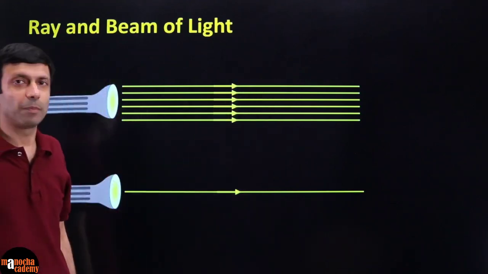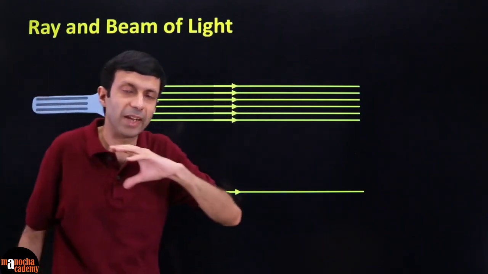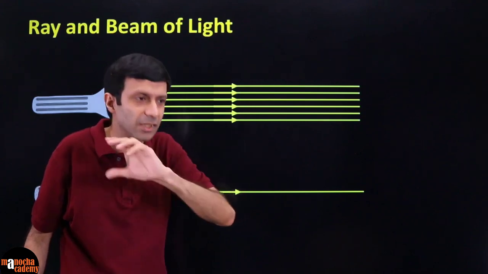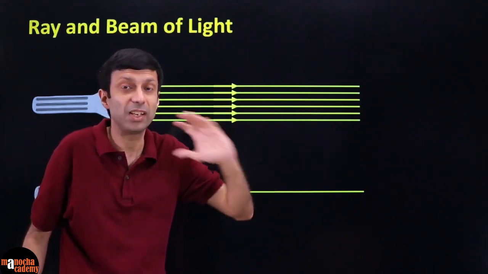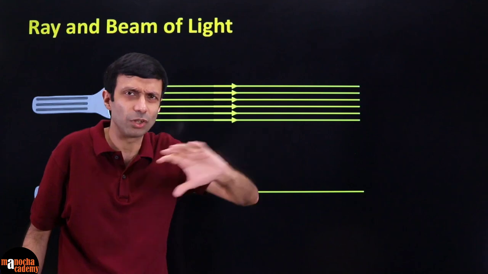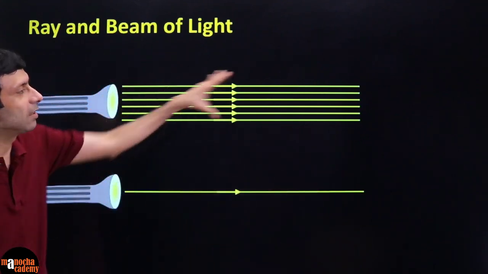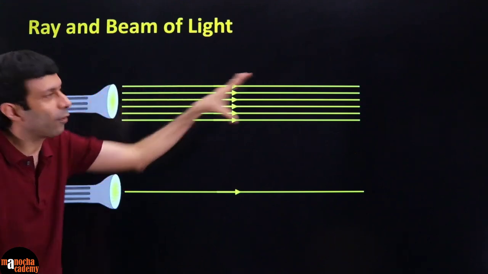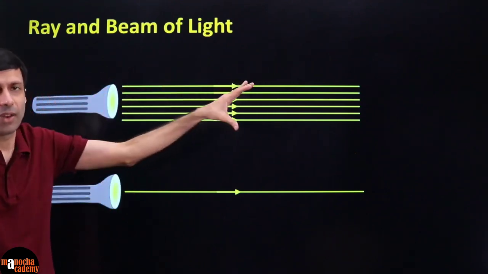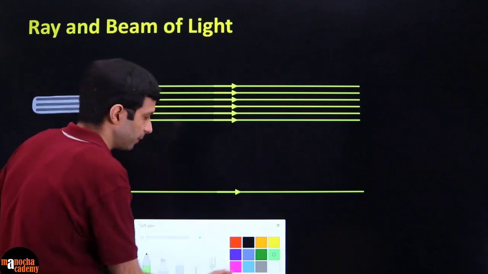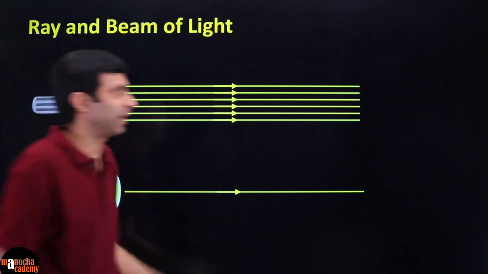So that is called a beam of light. Or when you see the vehicles, the bikes and the cars, you can see their beams, especially against the pollution or the dust, the beam is more clearly visible. So this spread of light, this column of light that comes through, is called the beam of light.